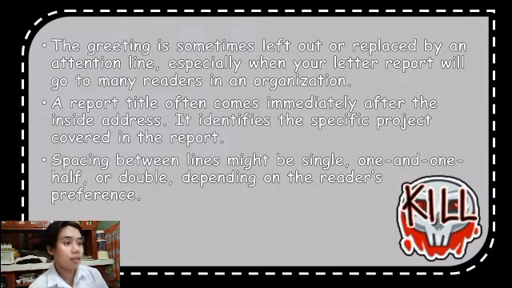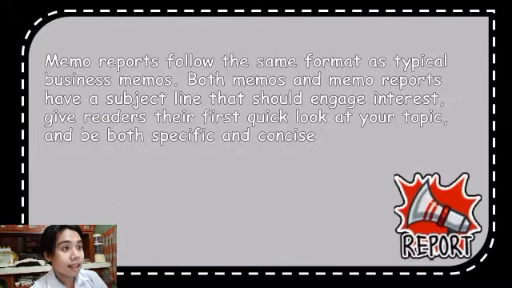Spacing between lines can be single, 1 1/2, or double. It always depends on the reader's preference. And lastly, in our first guideline, memo reports follow the same format as typical business memos. Both memos and memo reports have a subject line that should engage interest, give readers their first quick look at your topic, and be both specific and concise.